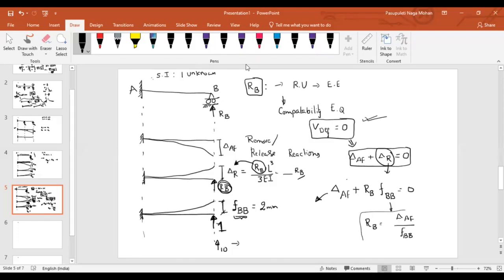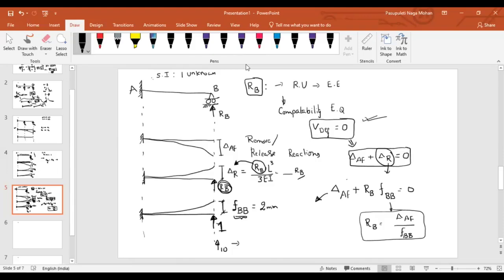Is it right? Any doubt in this method? Is it crystal clear? If you are having any doubts, let me know, because this is the heart of the problem that we are going to discuss now.